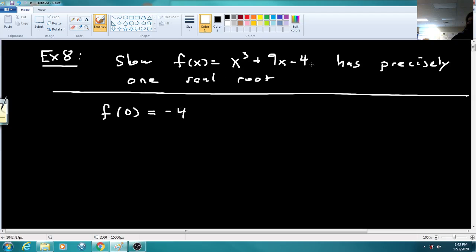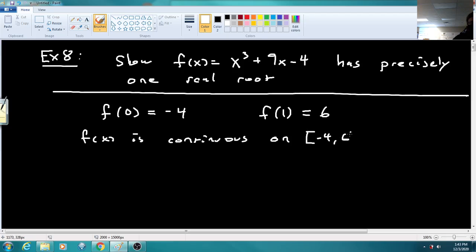So if I put 0 in for the x's, I get -4 back. F of 1, if I put 1 in for the x's, I get 6 back. So f of 0 is -4, f of 1 is 6. F of x is continuous on -4 up to 6.